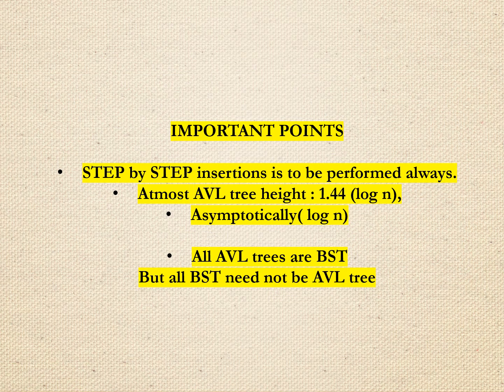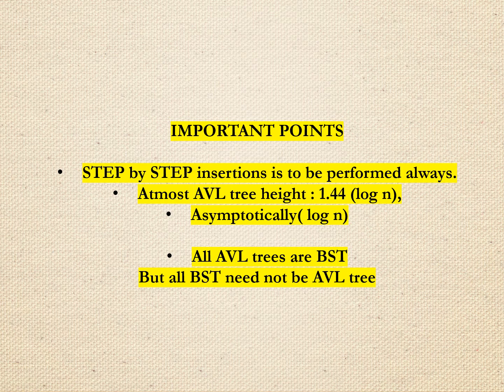Here the important points are, we have to go step by step for every insertion to be performed, and every time we have to check that the balance factor is proper or not. If it is imbalanced, then we have to make it balanced by performing various rotations.